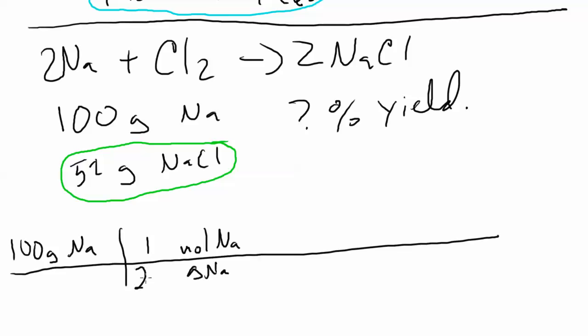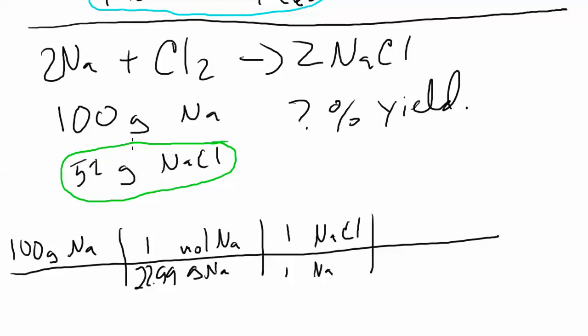And then the mole ratio between sodium and sodium chloride, the product that we're interested in. We're trying to find the percent yield of sodium chloride, so that's the one we want. Moles of sodium 2, sodium chloride 2, so this is just a 1-to-1.